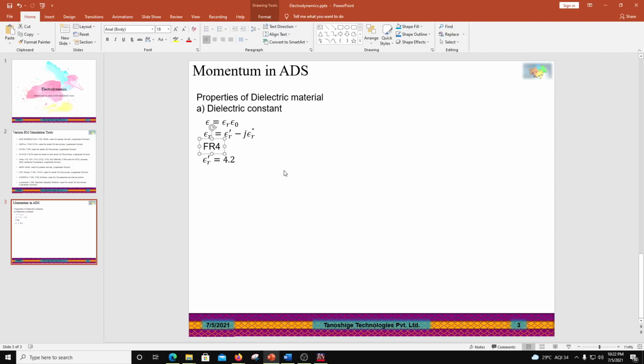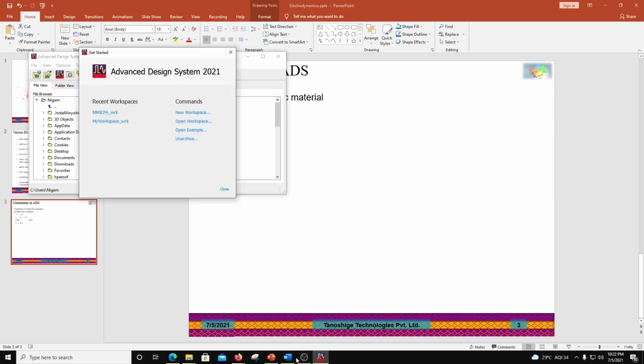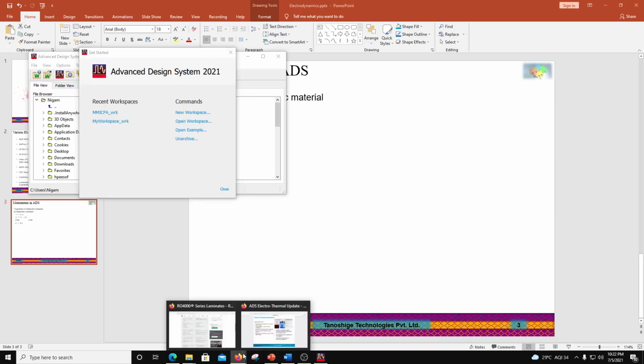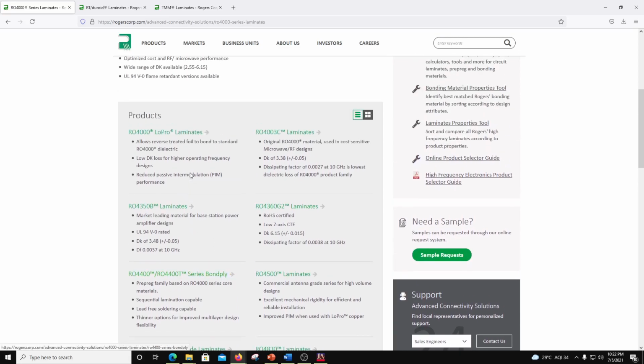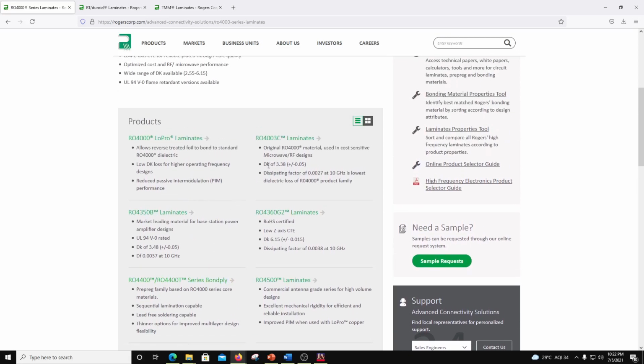Then you have this Rogers material, again which is equivalent to FR4. If you look at the Rogers material here, this 4000 series, you have a dielectric constant close to 4.2. So over here it is 3.38, you have 3.48.